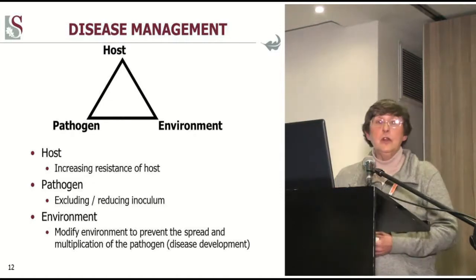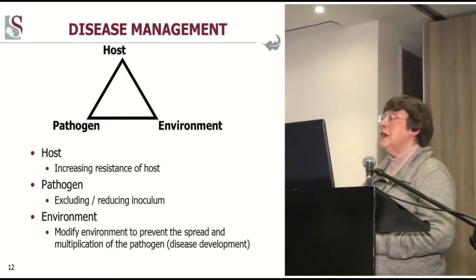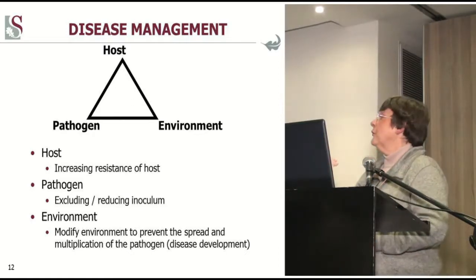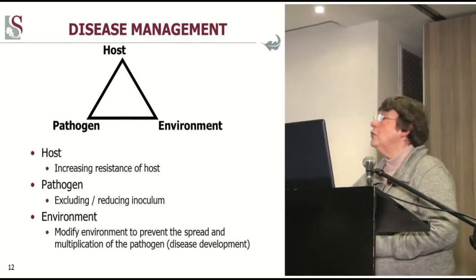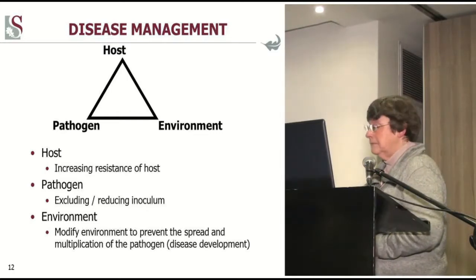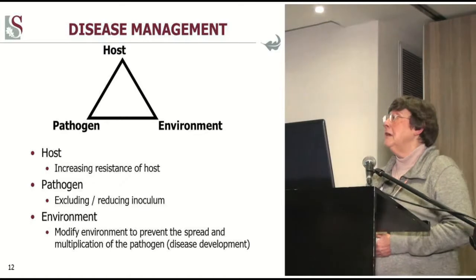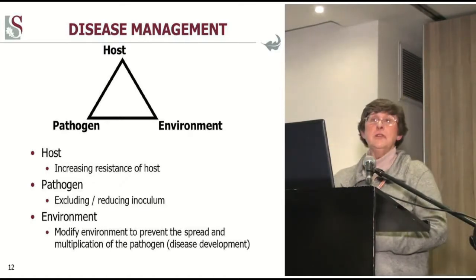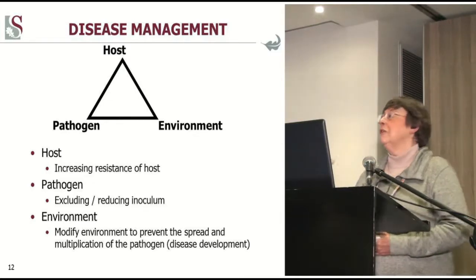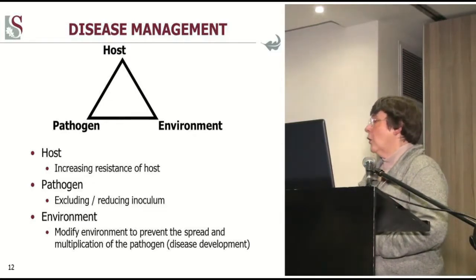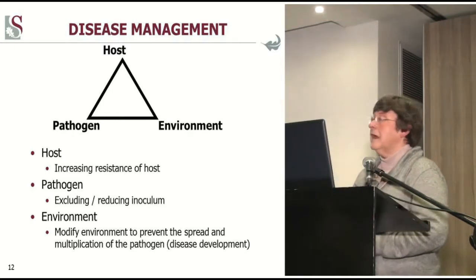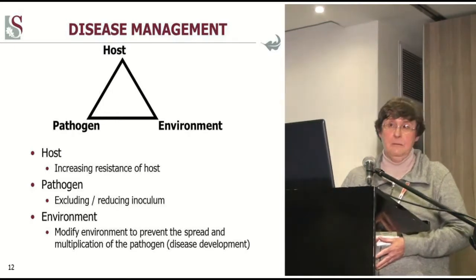Or if it's a soil-borne disease, is it appropriate to use something like soil fumigation or soil solarization to remove or reduce that inoculum from the soil? And then, very importantly, in terms of reducing that inoculum, is our application of appropriate chemicals. So what chemicals can we use in order to limit the amount of initial inoculum that's there?